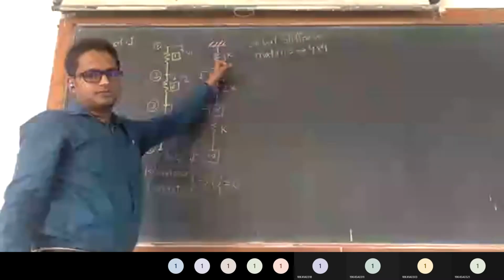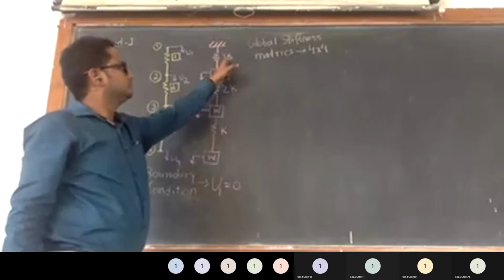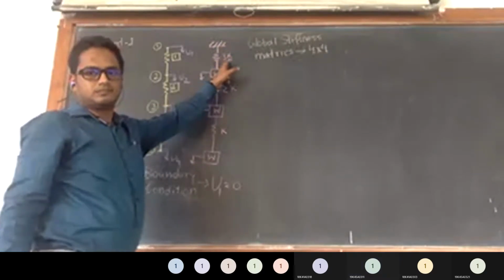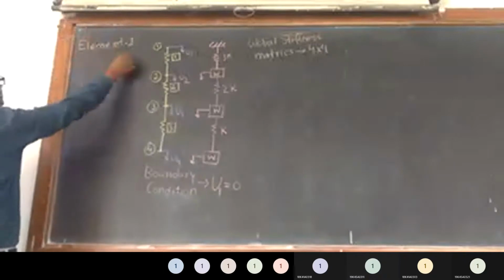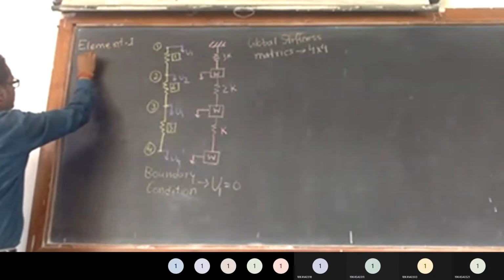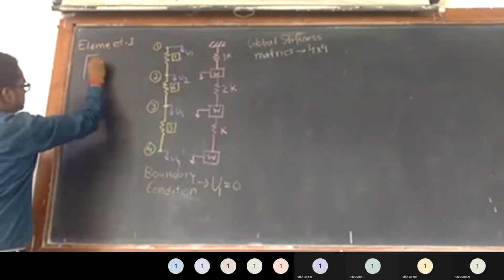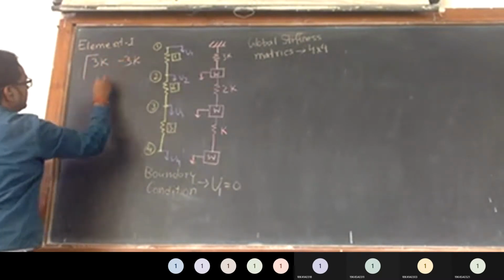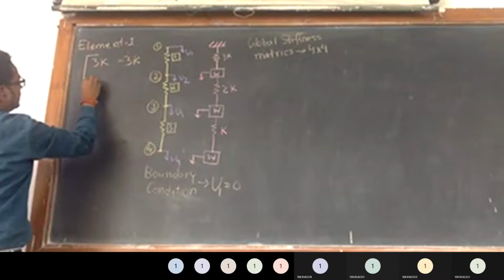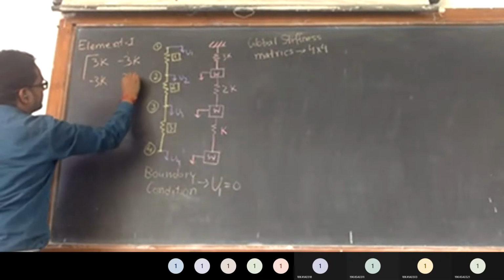What is the value of stiffness over here? 3K, sir. 3K. So we can write the stiffness matrix for element number 1 as 3K, minus 3K, minus 3K, plus 3K.